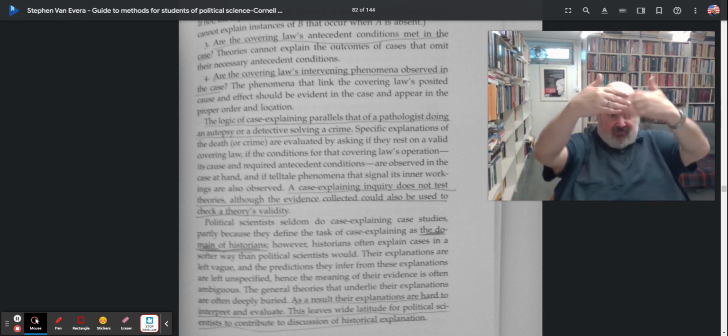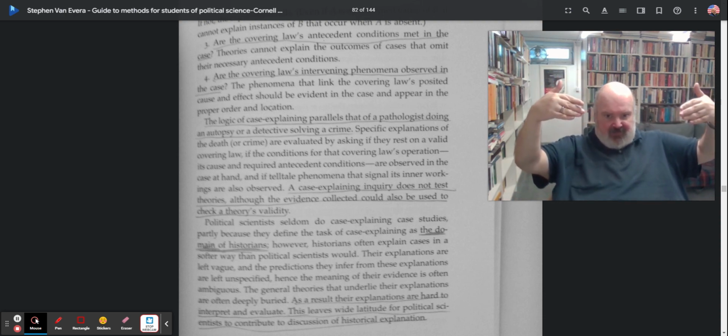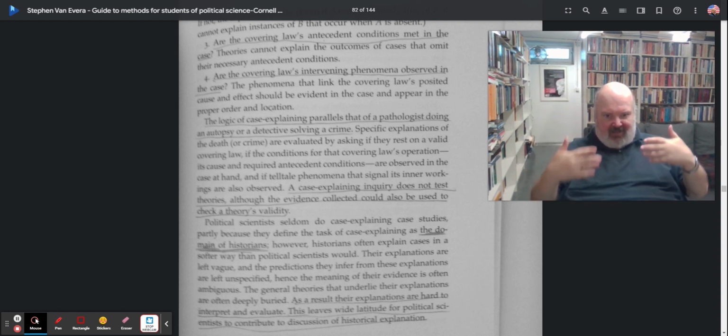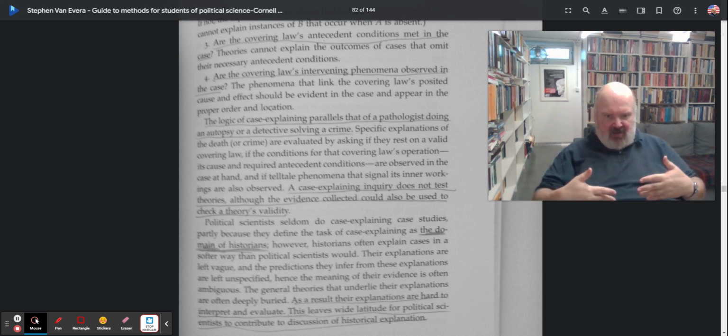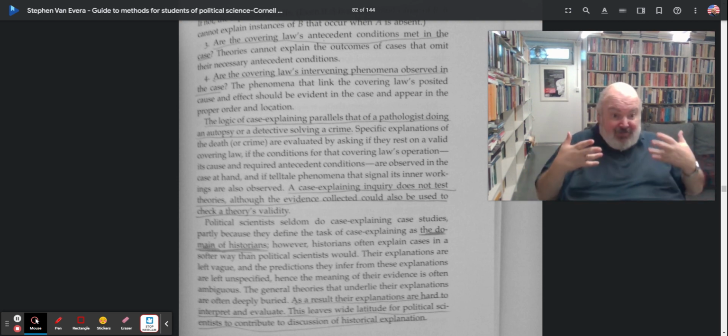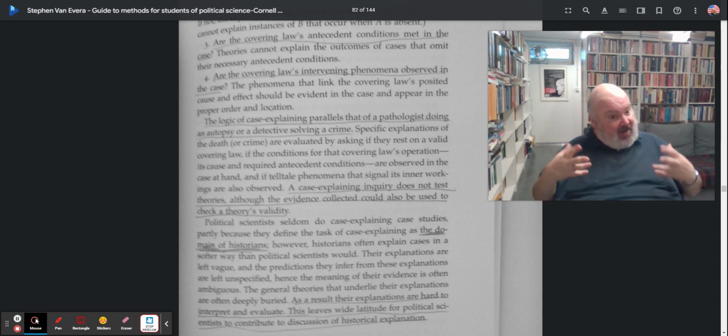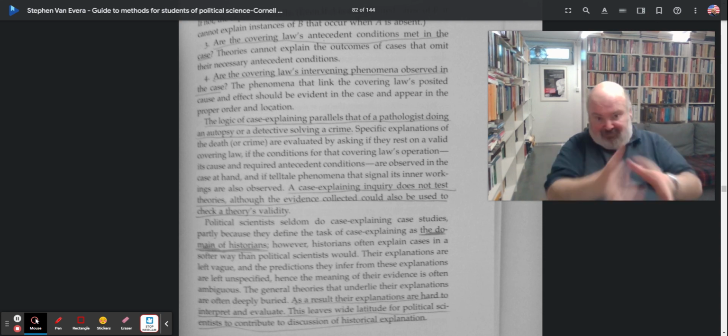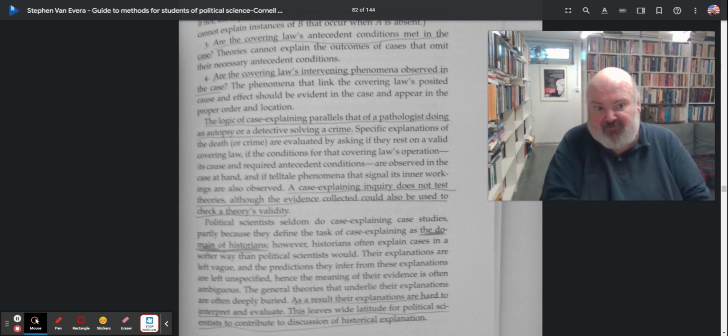If this covering law has intervening phenomena linking the posited cause and effect, they should be evident, they should be there. If they're not there, then it's not going to work. The theory is not valid.